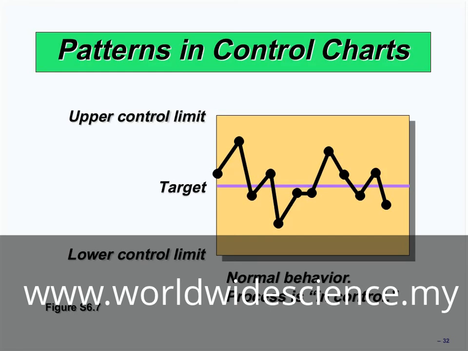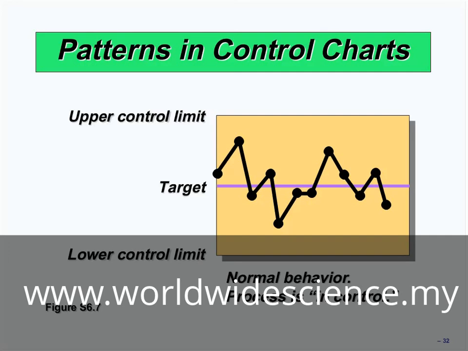Now we want to talk about an important part of the chapter. If you remember, I told you if all of the dots fall inside the control area, between UCL and LCL, you can tell the process is under control.